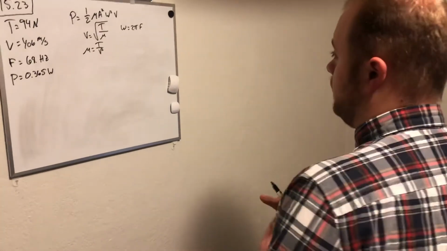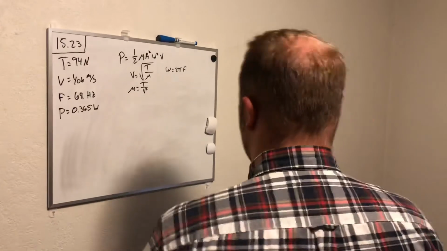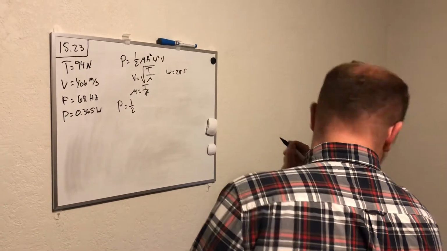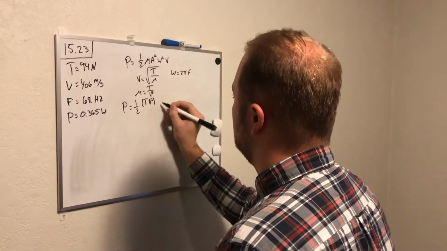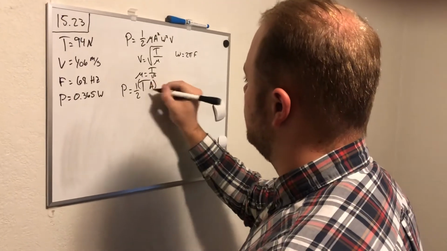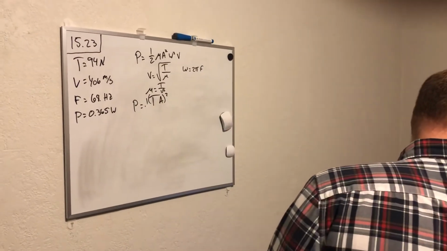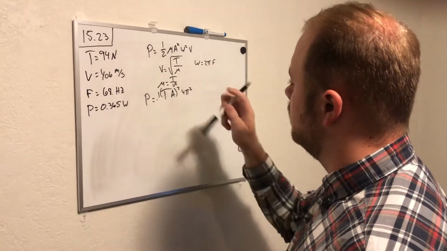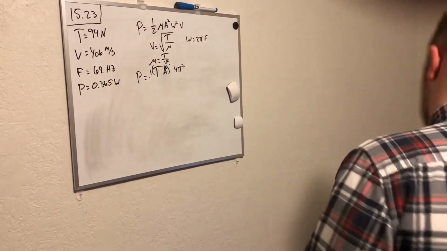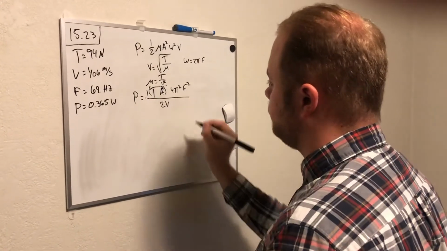So by substituting the values of the mass per unit length and the angular speed into the formula, we get power is equal to 1/2 times tension times the amplitude squared, times 4 pi squared, and then the frequency squared, all over 2 times the velocity. Actually, the 2 goes on the bottom, and the square goes inside the parentheses, my mistake.